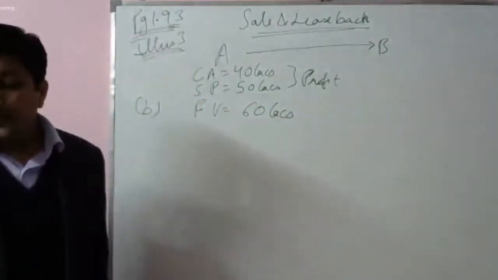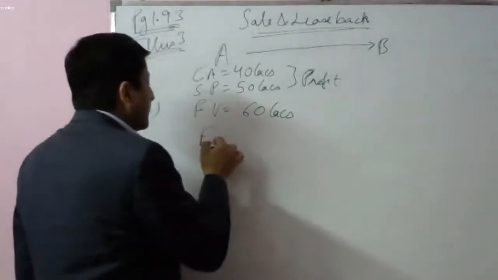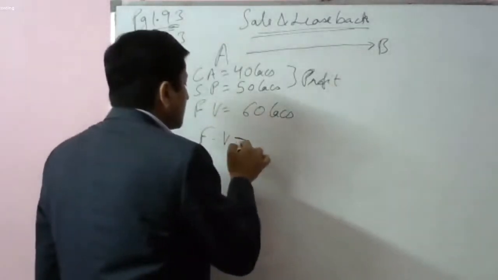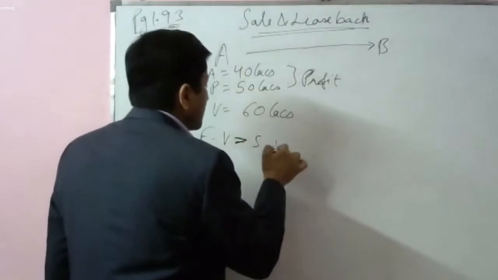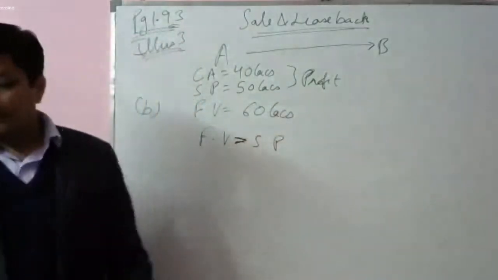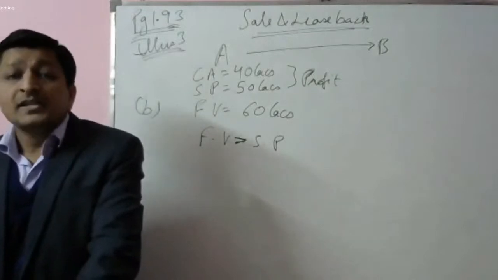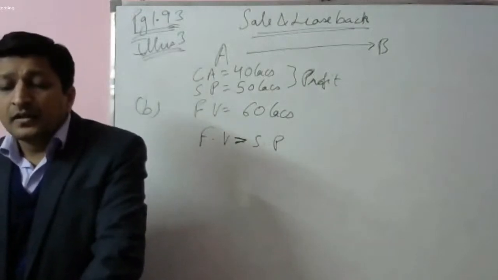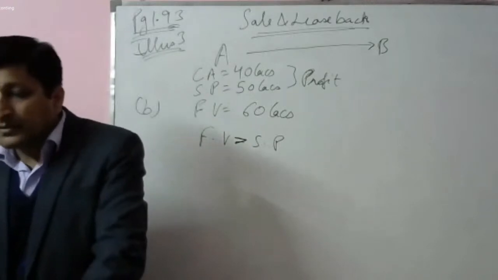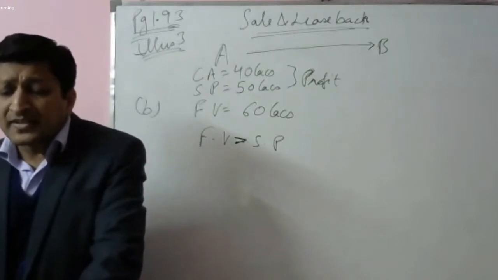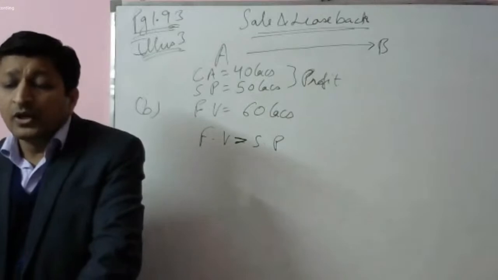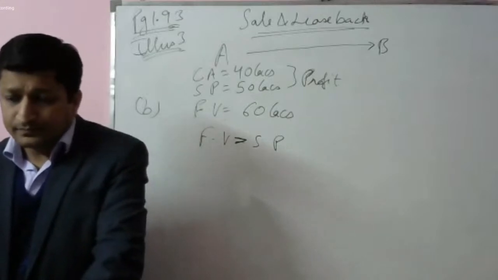Now what do we see? Fair value is greater than selling price. Okay. Now we find that selling price is less than fair value. So if selling price is less than fair value, what do you do?